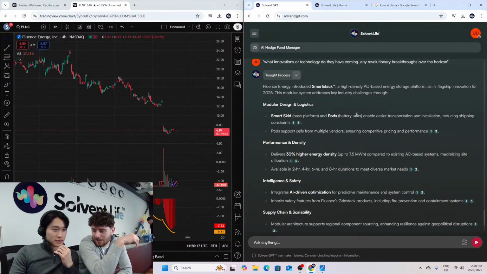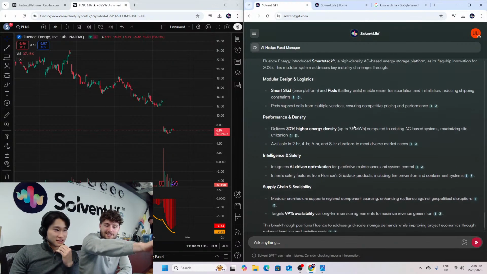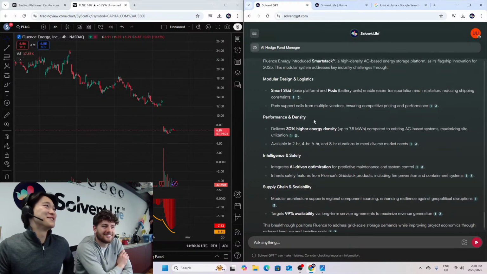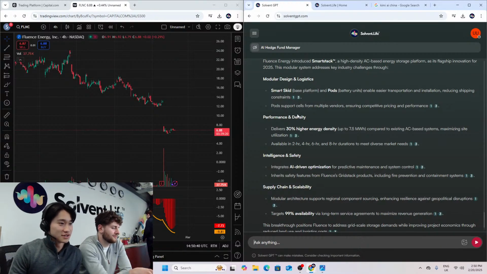Maybe that's what the pods are, to keep smart skid at bay. He leaves pods of smart skids. I would definitely invest in this company with smart skid behind them.